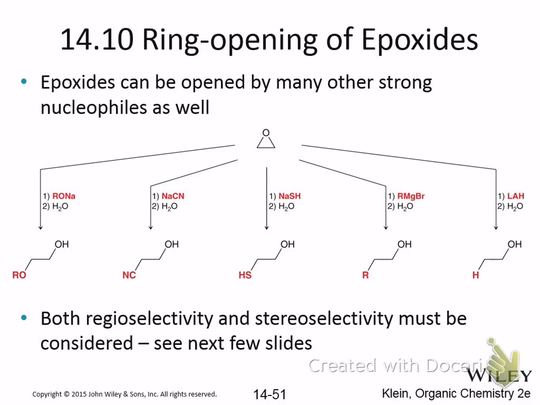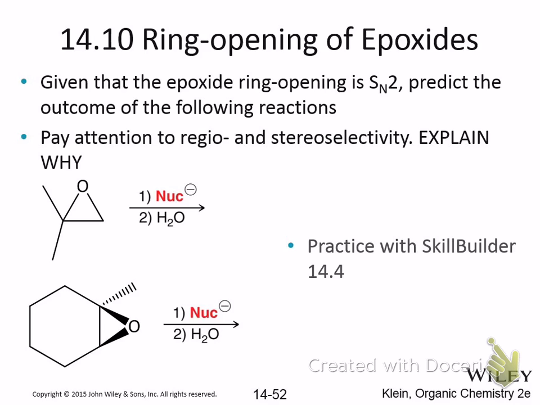Now, if you remember, on substituted epoxides, when the nucleophile attacks, the nucleophile is going to come in and attack. It has choices. It could go here, or it could go there.